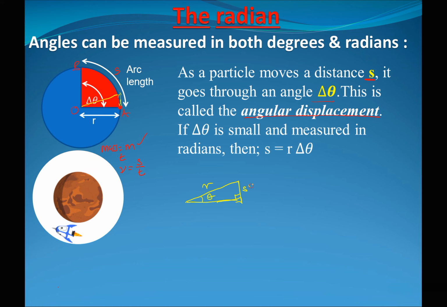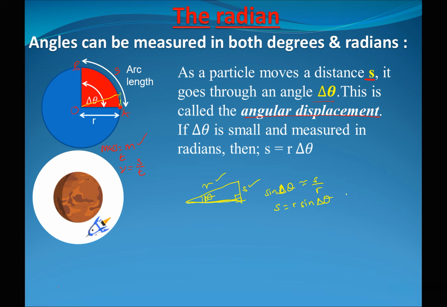So we have opposite and hypotenuse, that would be sine. Sine of delta theta is equal to the opposite divided by the radius, which is still approximately the radius. So sine delta theta will be s over r, which means that s will be equal to r sine of delta theta.